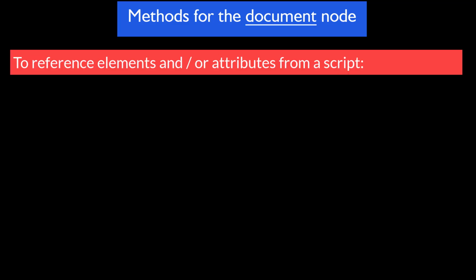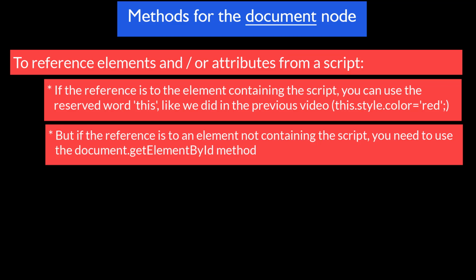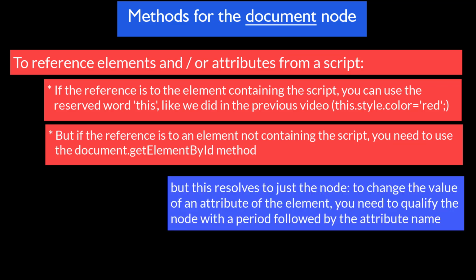So, to reference elements and or attributes from a script, if the reference is to the element containing the script, you can use the reserved word this, like we did in the previous video: this.style.color equals red. But if the reference is to an element not containing the script, you need to use the document.getElementById method. But this resolves to just the node.